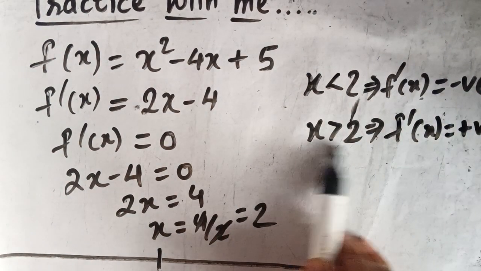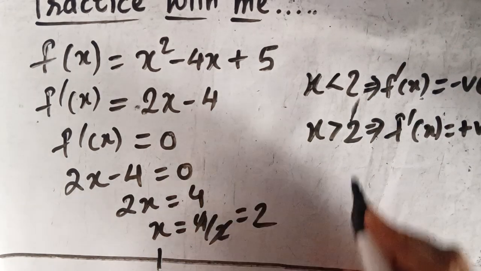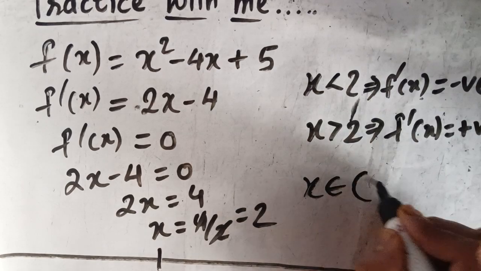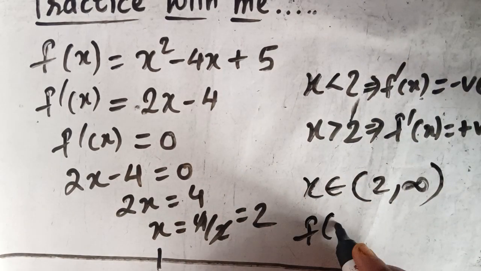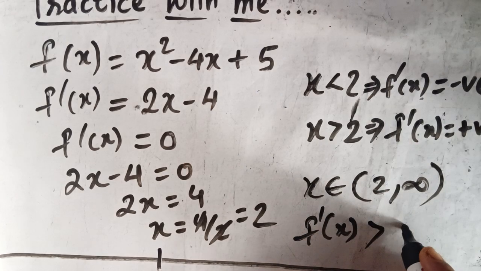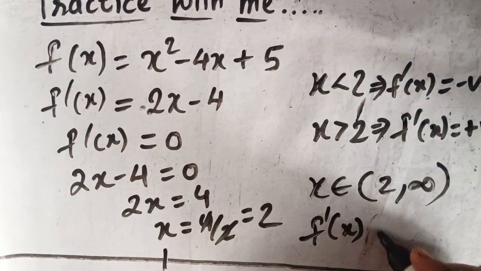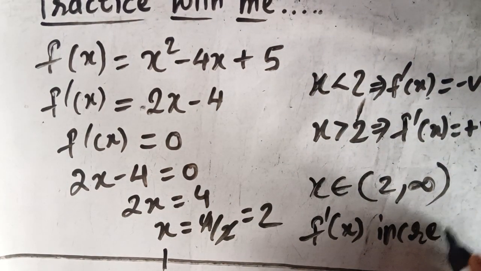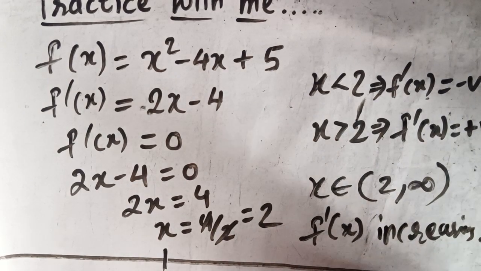So for x greater than 2, f dash of x is positive. For x belonging to the interval 2 to infinity, f dash of x is greater than 0, so it is increasing. You can write it is increasing on the interval 2 to infinity.